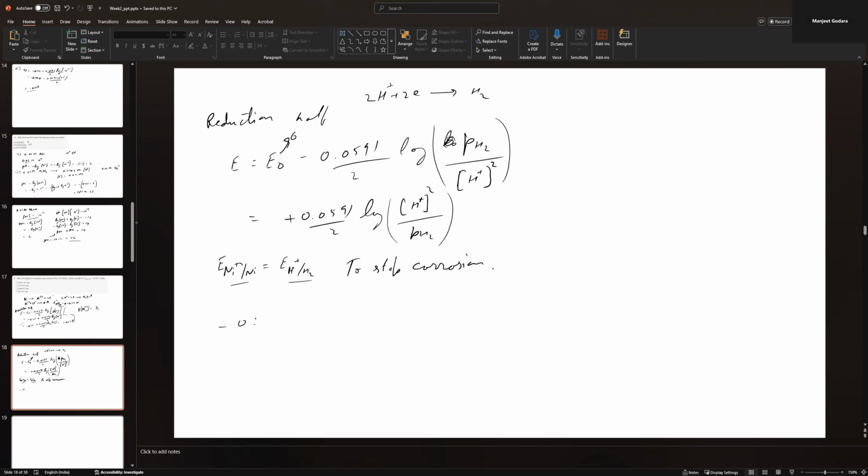Minus 0.258 equals 0.0591 divided by 2 log of H plus ion concentration. We are given pH equal to 7, so H plus ion concentration is 10 to the power minus 7.